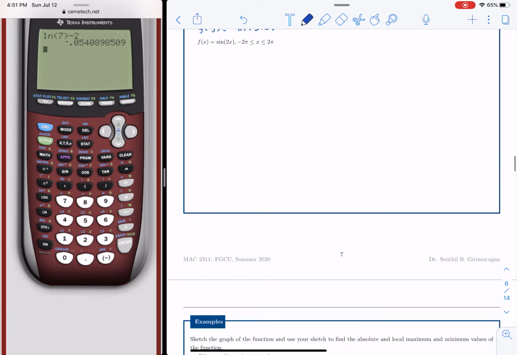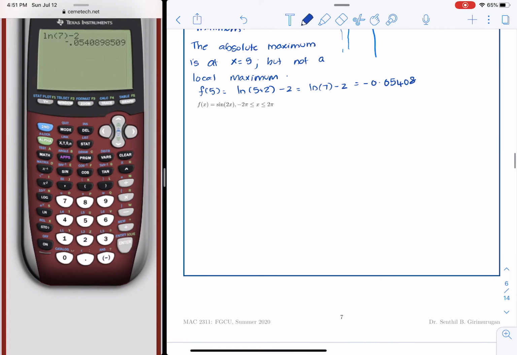Now we have an interesting trigonometric function, and we know trigonometric functions have periodicity. So this is sine 2x, and I'm going to set the domain from negative 2 pi to 2 pi.